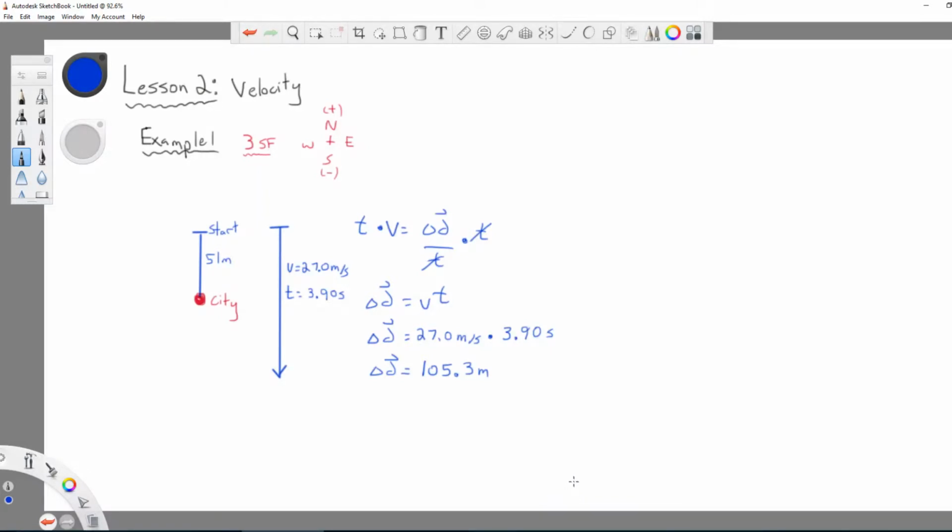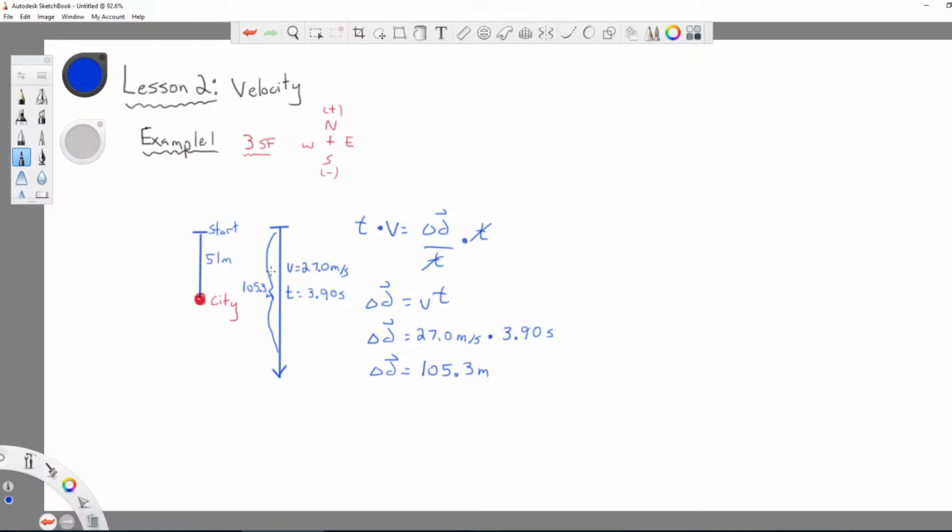Is that what it's asking? Not quite. No. All this is telling us is that this distance is 105.3 meters. But it's asking us its final location.